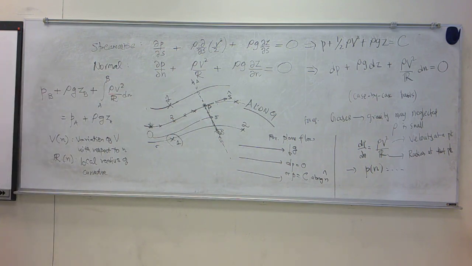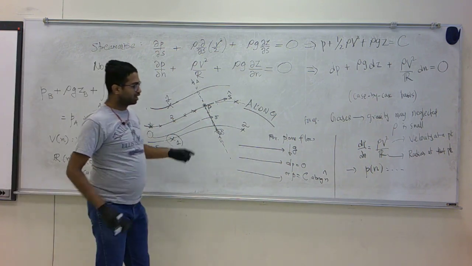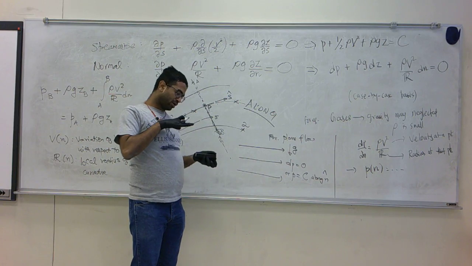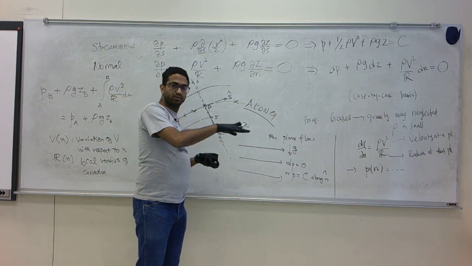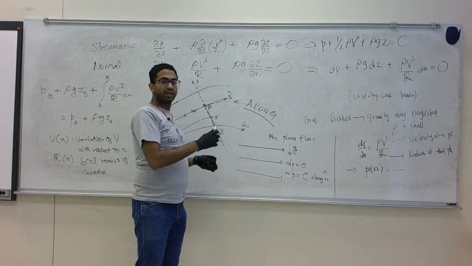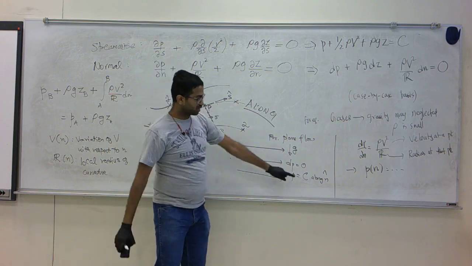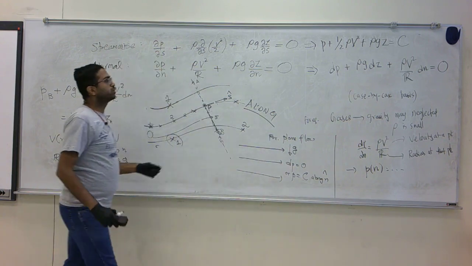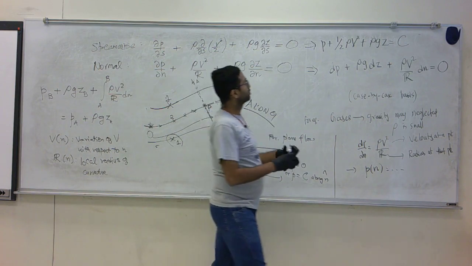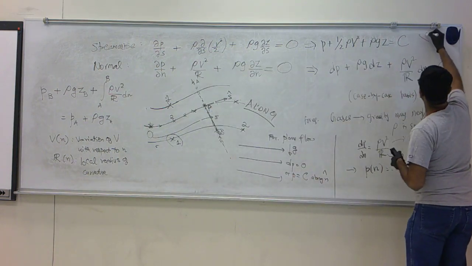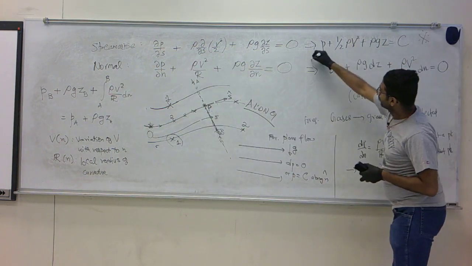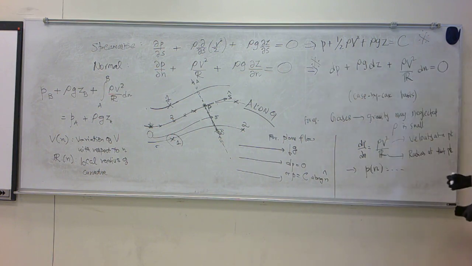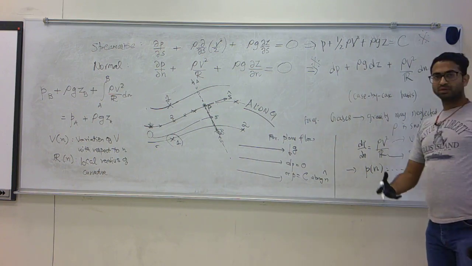Like the simple application, if you have something that's flowing nice and parallel to the ground, the pressure in the perpendicular direction cannot vary. That's what this statement says. So we will use both these equations. They are both extremely important, and we'll use them to solve practical flow problems in this unit.